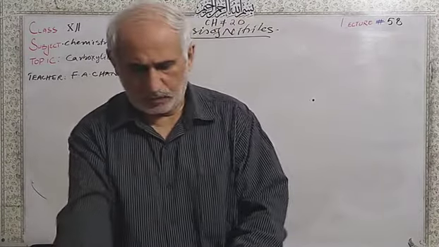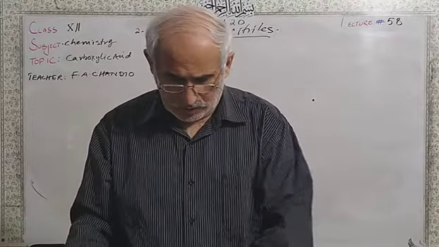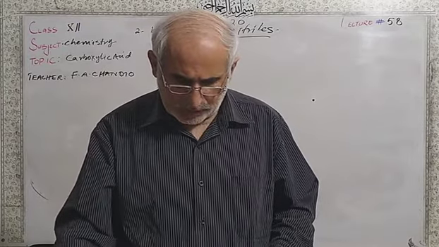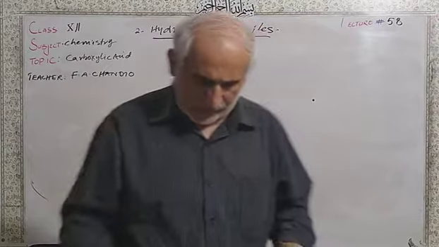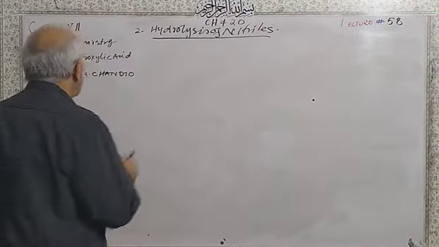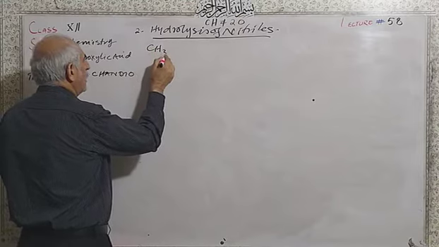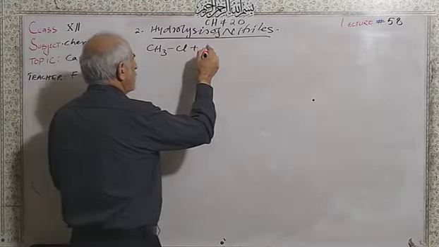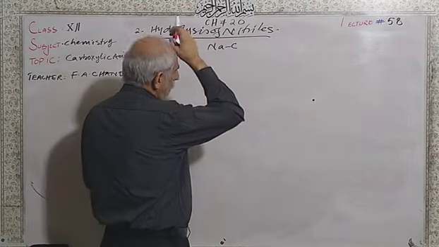Hydrolysis of nitriles. Nitriles are prepared from the alkyl halide and sodium cyanide. Alkyl halide means you have methyl or ethyl chloride with sodium cyanide.